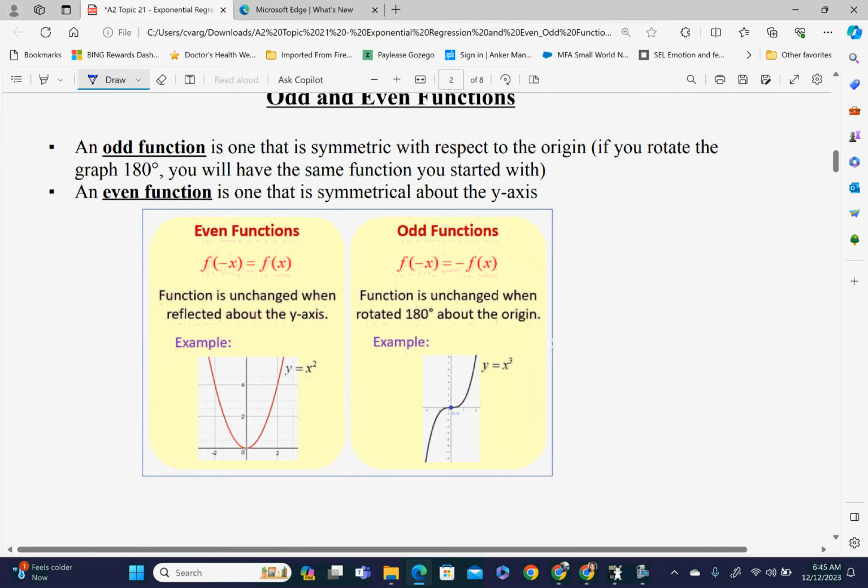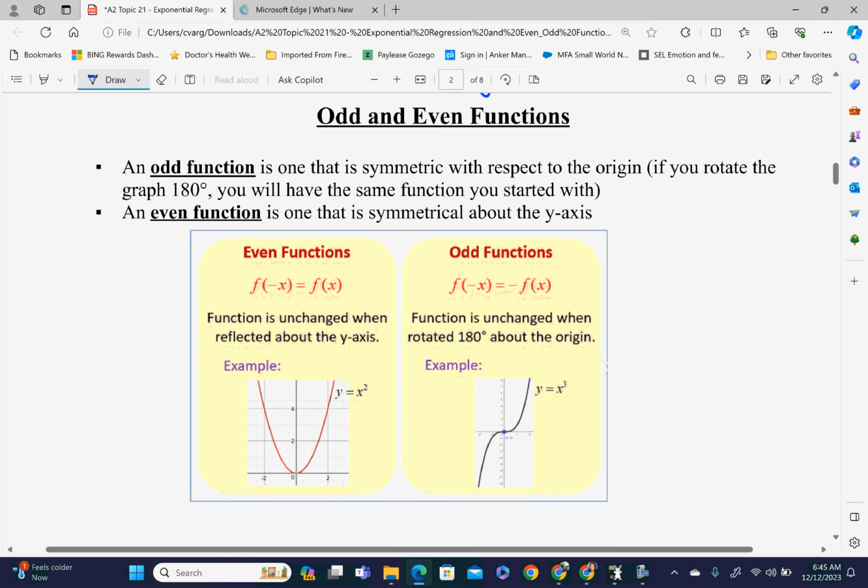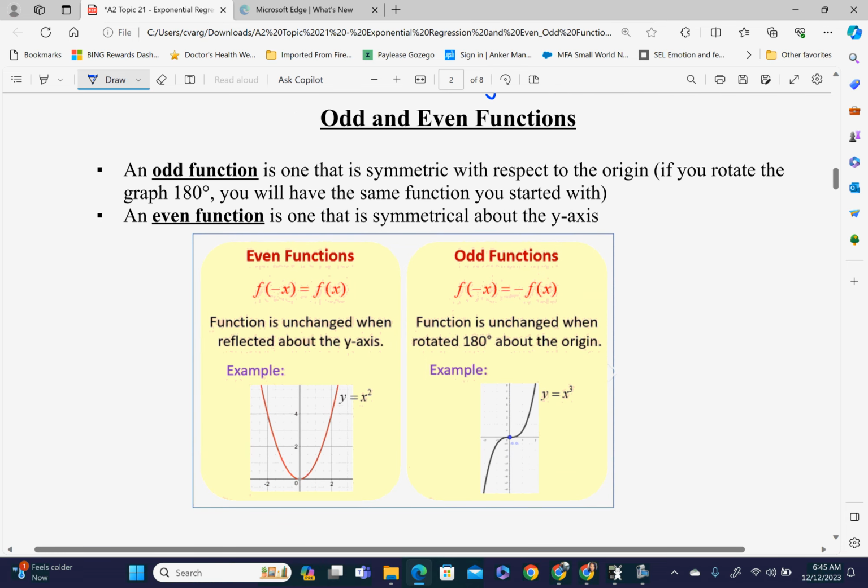The second part of the lesson is knowing the difference between an odd function and an even function. Very simple: an odd function is one that if you were to turn your paper 180 degrees in any direction, clockwise or counterclockwise, you would get the same function. It would look exactly the same.